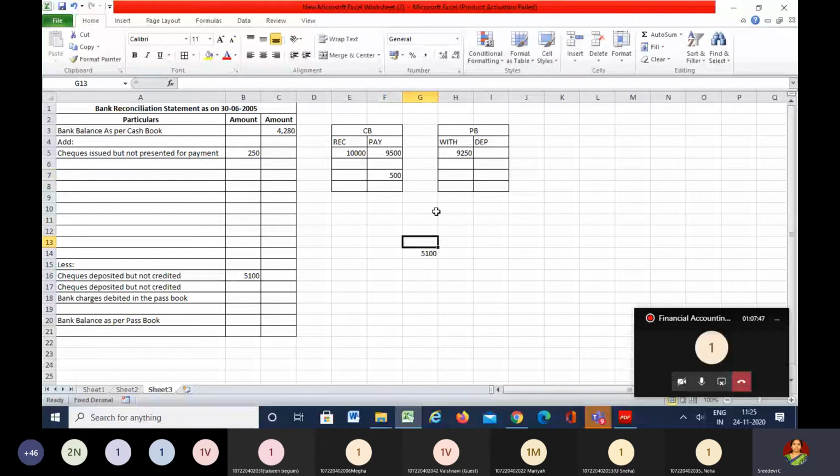The same deposit is also there in the bank. I have withdrawn only 9,250. So what should be my balance here? 750. Now see which balance is more. Passbook.